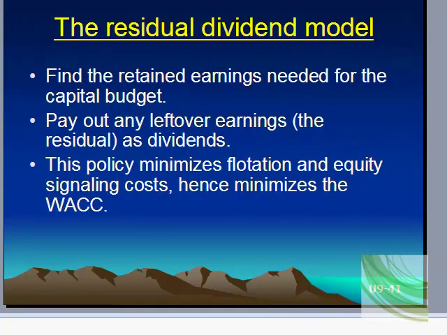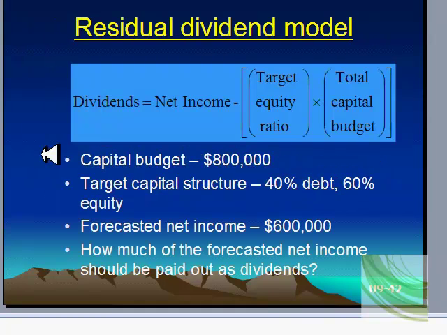So the residual dividend model is simply out of the retained earnings, how much do they decide to pay out in dividends. So dividends equal your net income minus the target equity ratio times your capital budget. So if your capital budget is 800,000 and your target ratio is 40% debt and 60% equity, and you forecast a net income of 600,000, how much of this are you going to distribute in dividends?